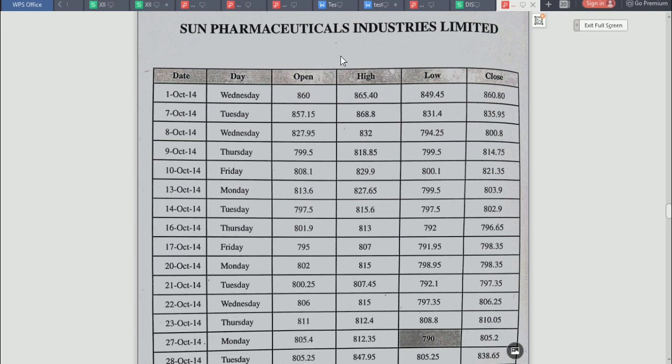It went to the highest during trading hours as 865.40. The lowest for this day was 849.45, and when market closed the rate was 860 rupees 80 paisa.